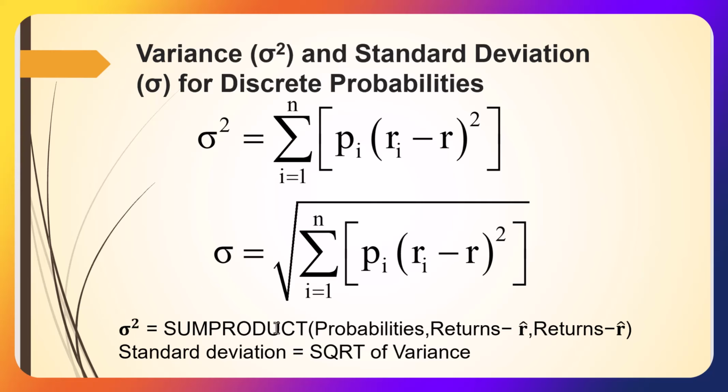So the formula is the sumproduct of the probabilities, then you need a column of returns minus the average, and then that same column again, because it's going to be squared. That will give us the variance, and standard deviation is the square root of variance. So note that the formula is the chance of the event multiplied by the squared difference between the actual return and the expected return. Again, this was our definition earlier.